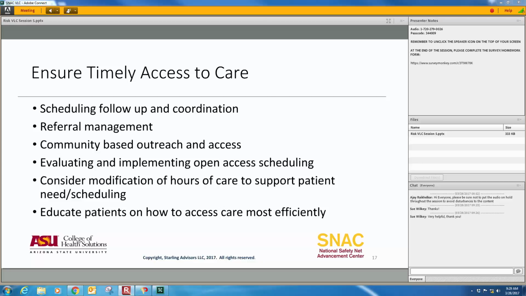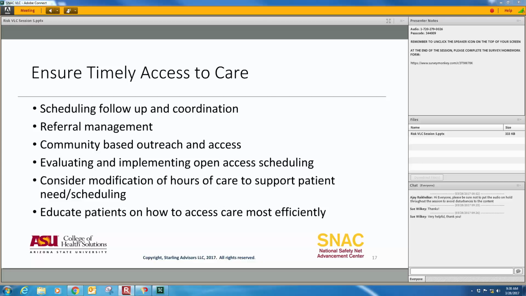Similarly, making sure that we have relationships with community-based services and have the ability to not only do outreach through those services, but also referrals to them as well. It's just another way to be able to take services out into the community, create linkages with CBOs that are providing essential non-medical services to our patient populations, and really strengthen essentially the safety net around those patients.